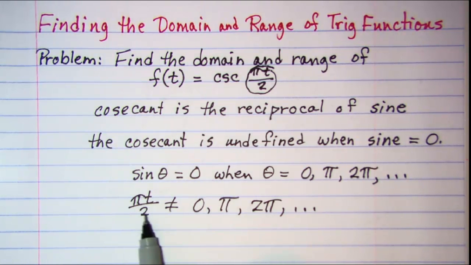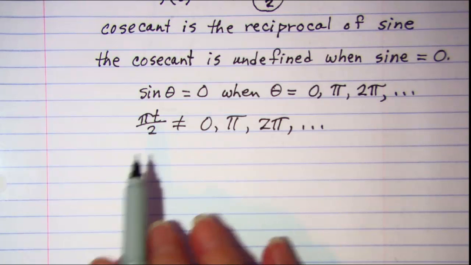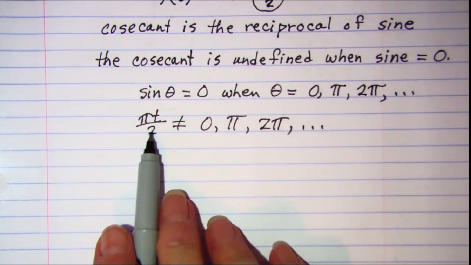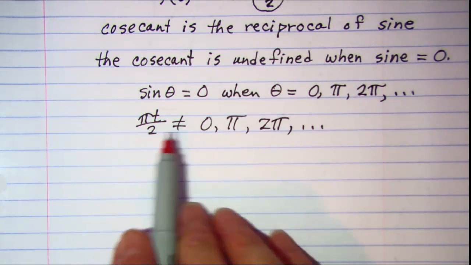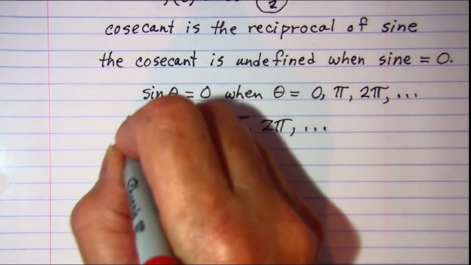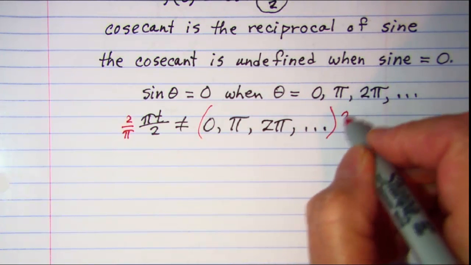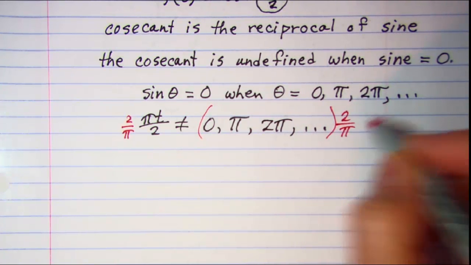Now what we need to do then is solve this equation for values of t. So let's go through and multiply both sides of the equation by 2/π.